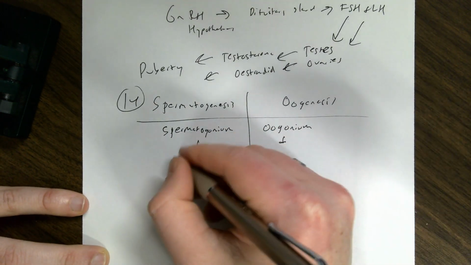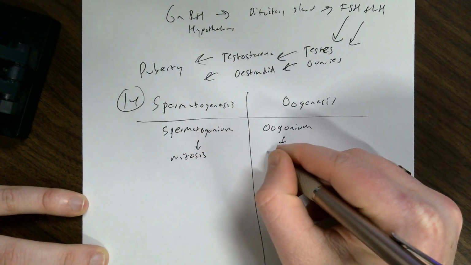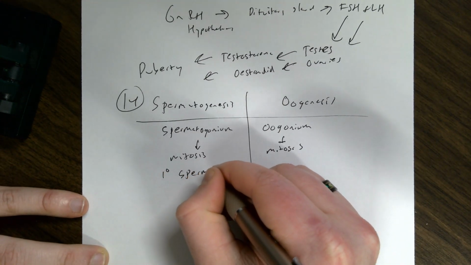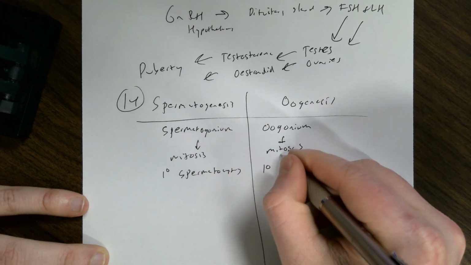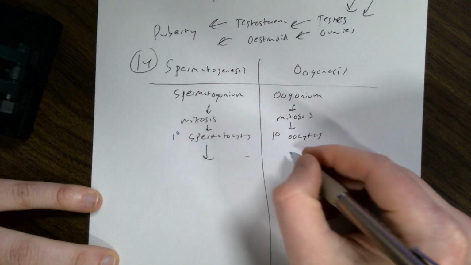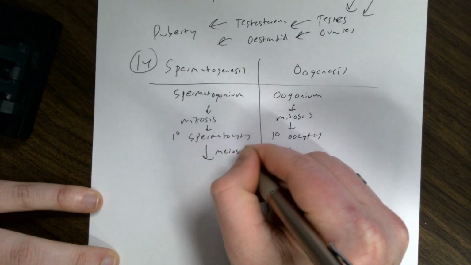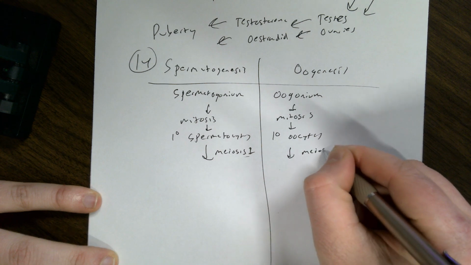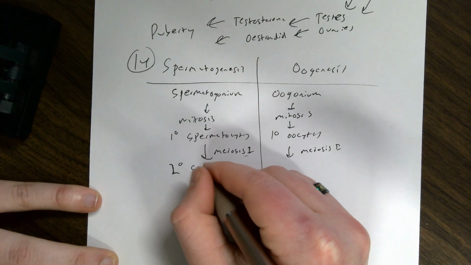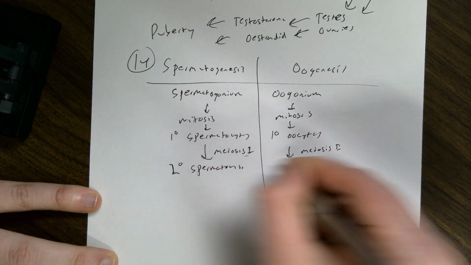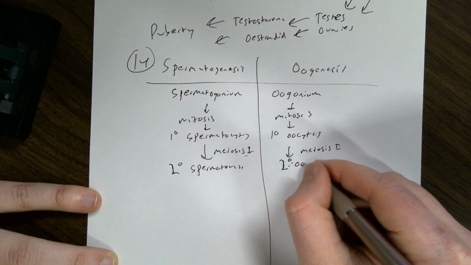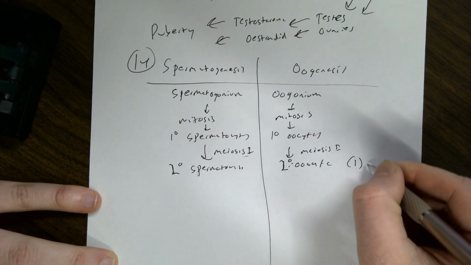These are going to undergo mitosis, and they're going to create primary spermatocytes or primary oocytes. These will then undergo meiosis 1, to create secondary spermatocytes, and then one secondary oocyte, but you make one. The other one becomes a polar body.